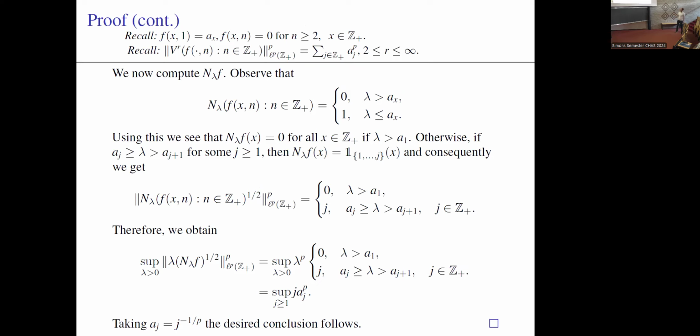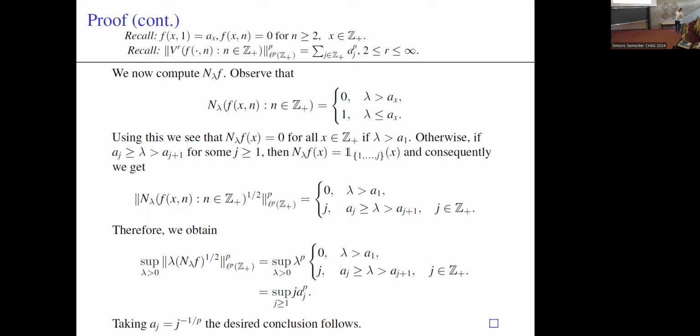Then we want to compute the lambda counting function. At each point we have just one jump, and this jump is a_x. If we count the jumps of height at least lambda, then we need to think whether lambda is greater than a_x or smaller. Since the jump is a_x, if lambda is smaller, then we count this jump.